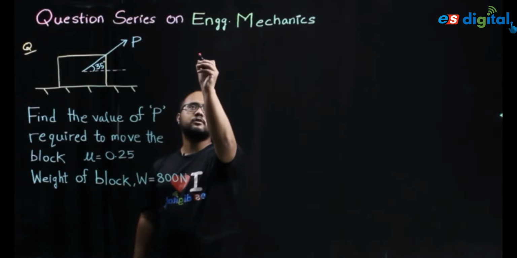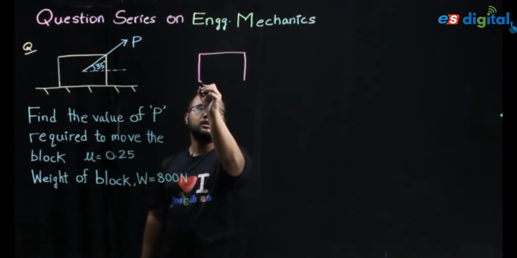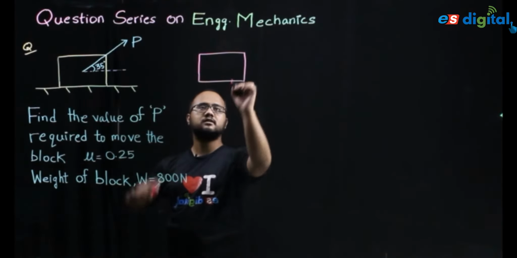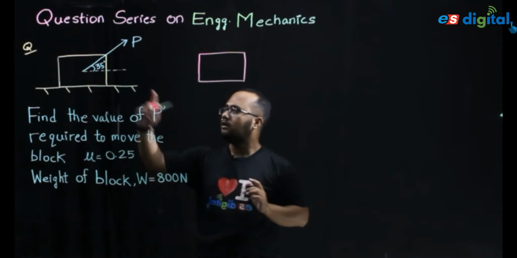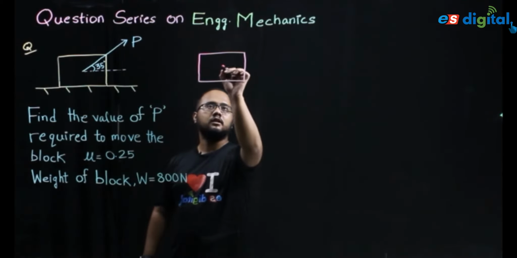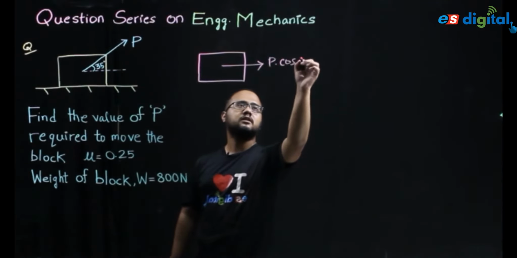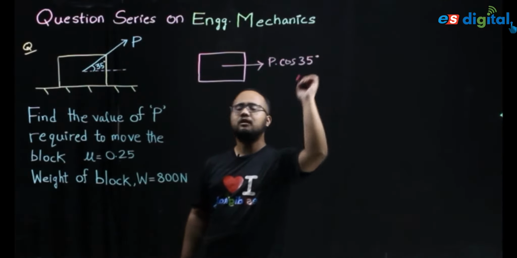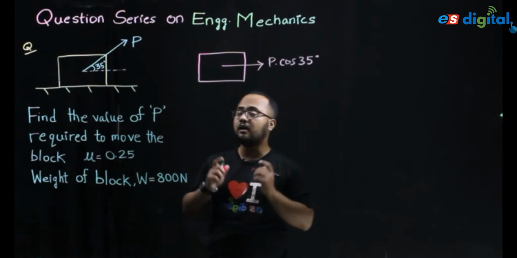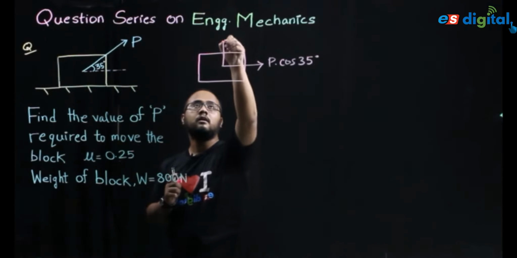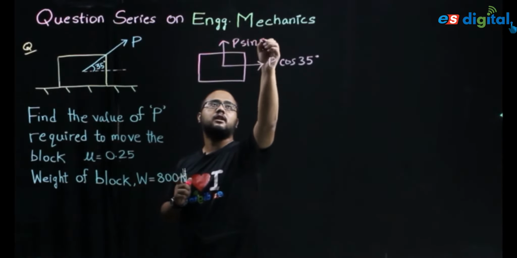Suppose this is our block. This force P can be resolved in horizontal and vertical directions. The horizontal component of force P will be P cos 35, and the vertical component will be P sin 35.